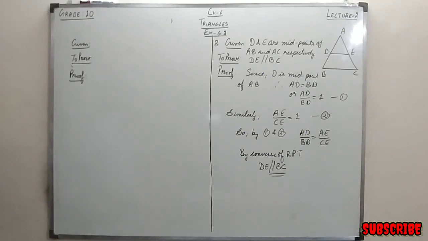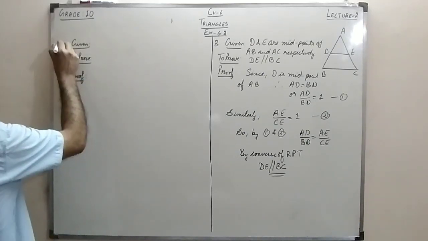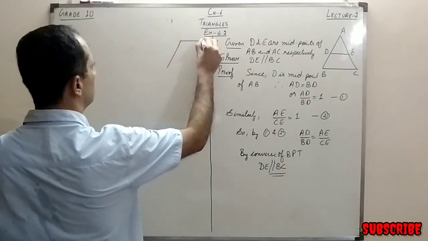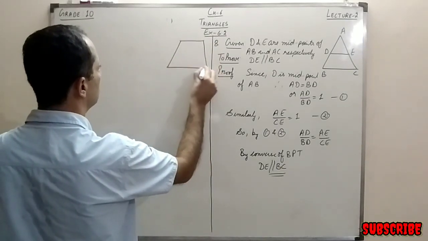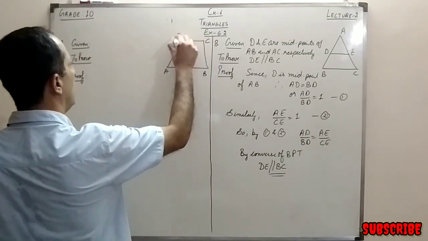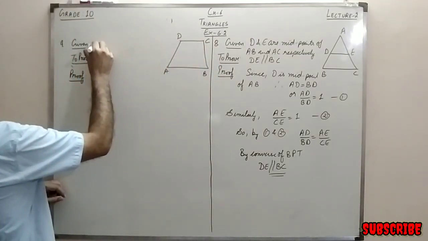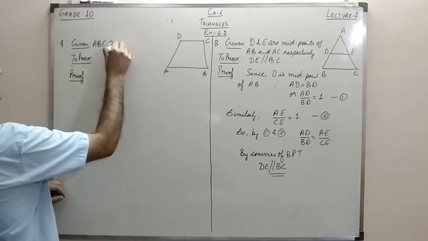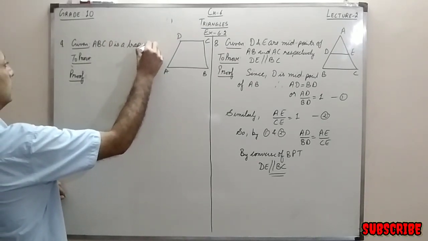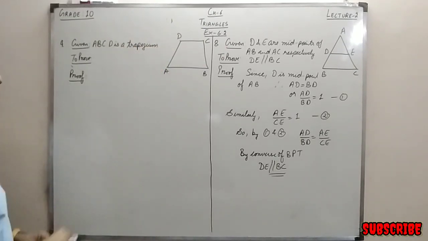In the next question, it is given that ABCD is a trapezium. A trapezium is given to us. That A, B, C, and D. So ABCD is a trapezium. Now what else?